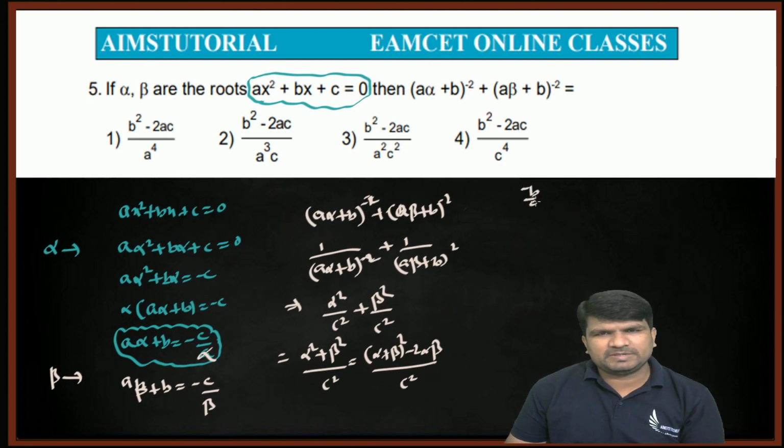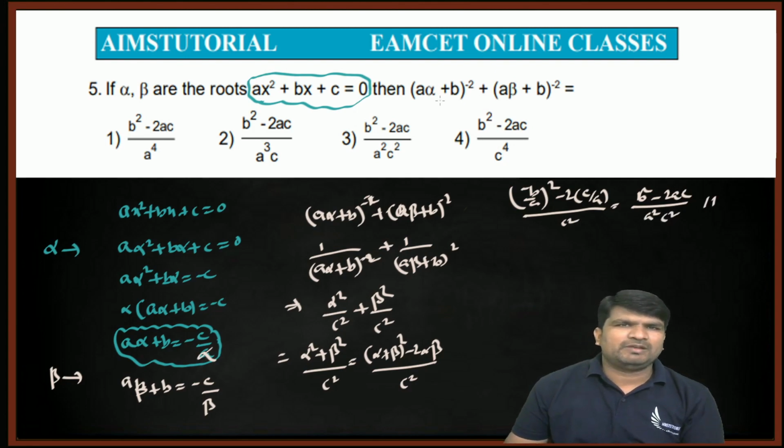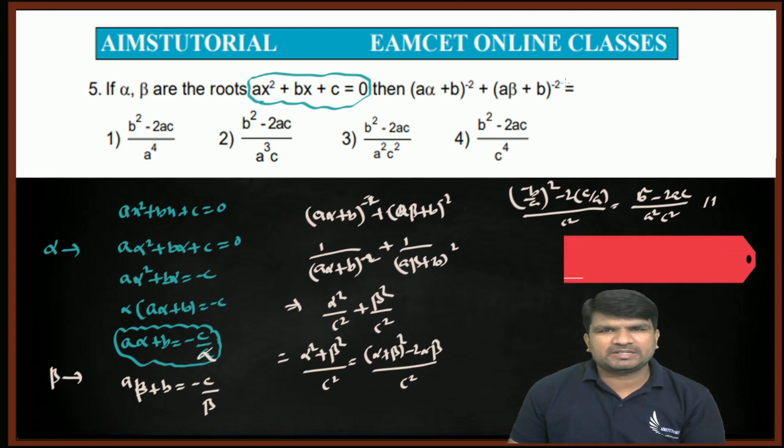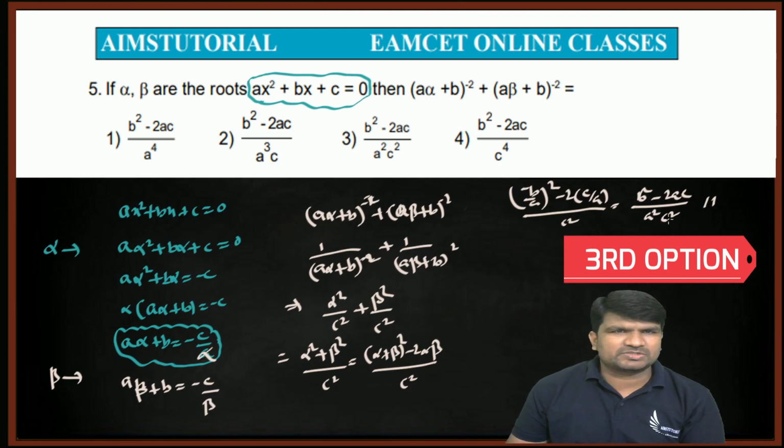So (minus b by a) whole square minus 2 times (c by a), whole divided by c square. So b square, LCM is a square, so multiply with a, 2ac divided by a square and this c square. Therefore, the value of (a alpha plus b) whole power minus 2 plus (a beta plus b) whole power minus 2 is (b square minus 2ac) by a square c square. So that is our second option. Sorry, third option.